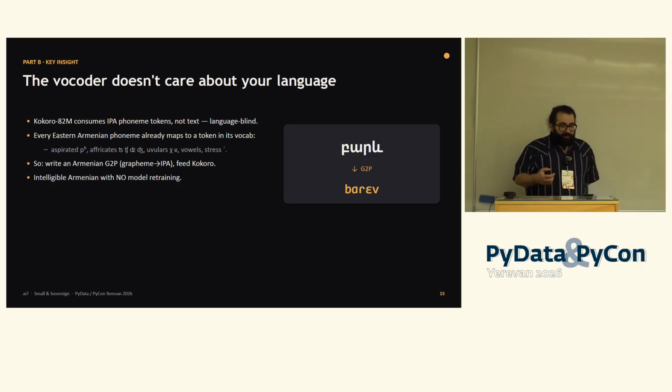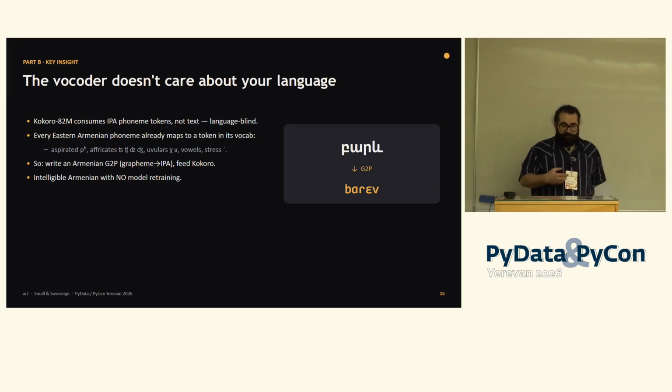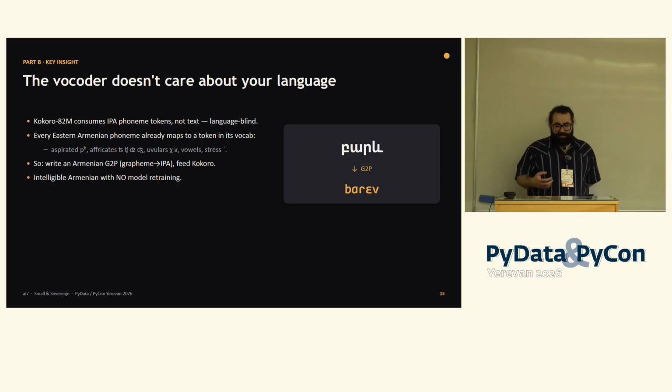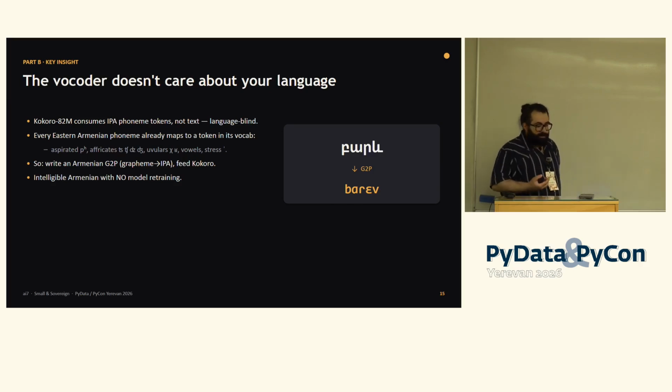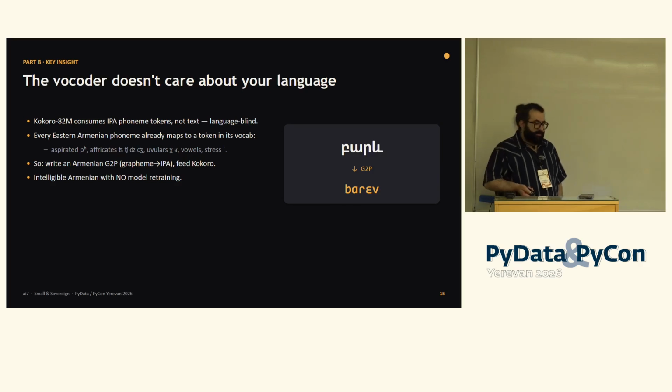And every Eastern Armenian phoneme you can map exactly to its vocabulary table. And then we used G2P, the intermediary tool, to write Armenian G2P and be a feeder to the Kokoro model. And the result was intelligible Armenian with no model retraining. It was just a normal fine tuning.